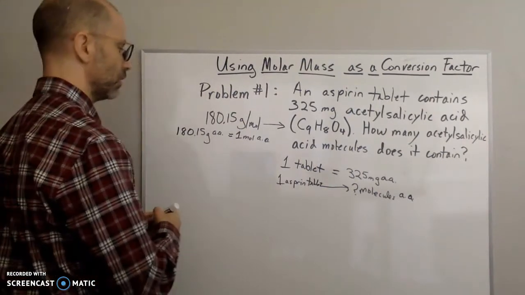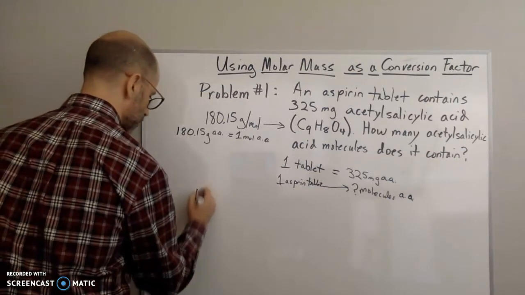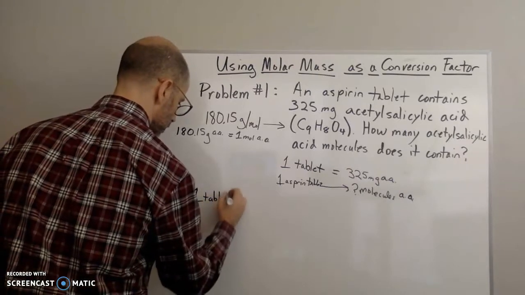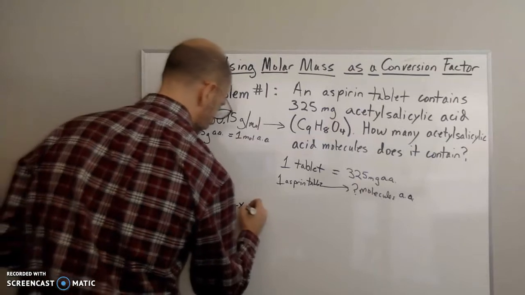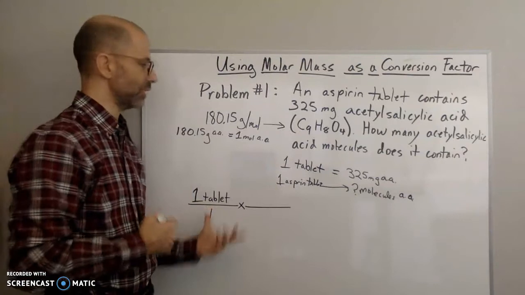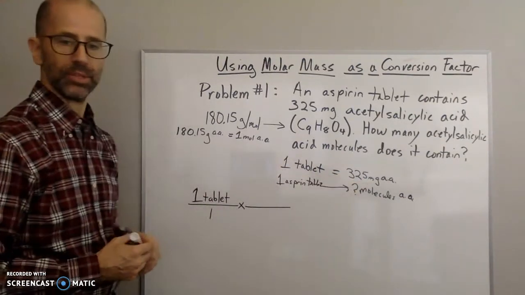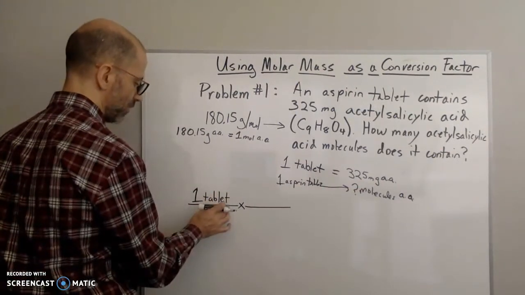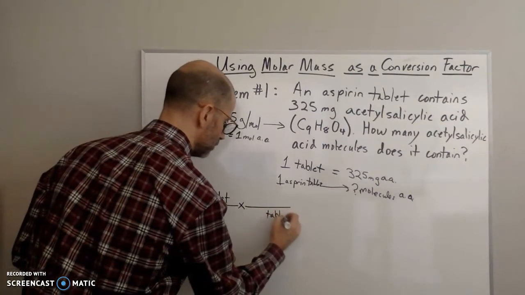So let's start our conversions. So we're going to start with one aspirin tablet. So I'm going to say 1 tablet, and we're going to put that over 1. Okay, so I need my first conversion. I need to convert tablet to something. So I have an equality with tablet and milligrams. So I'm going to use that to convert to milligrams. So if I have tablet on the top, then I need to put tablet on the bottom.